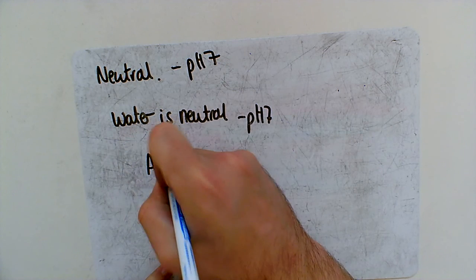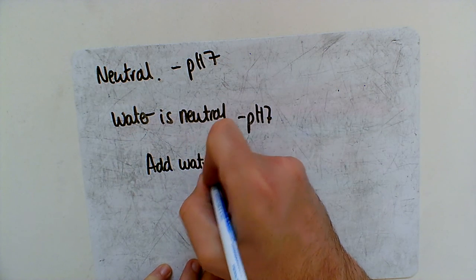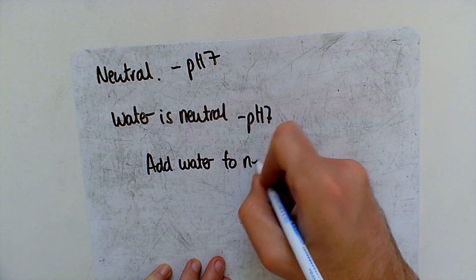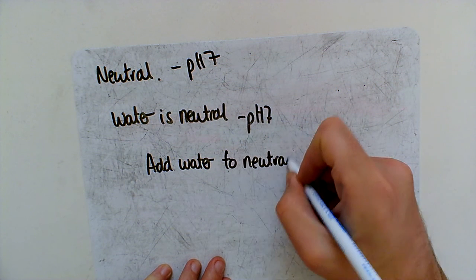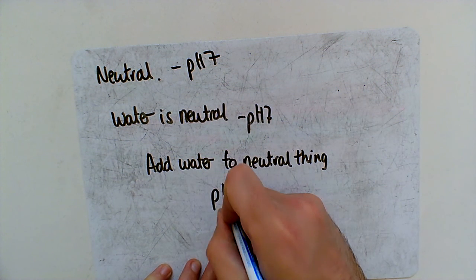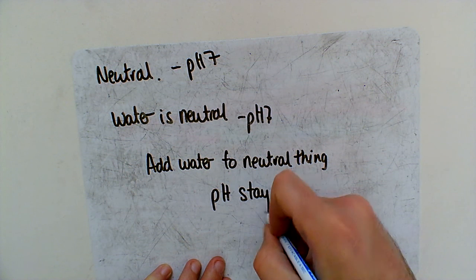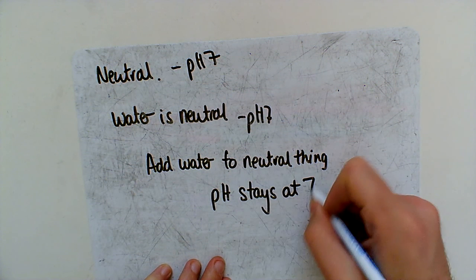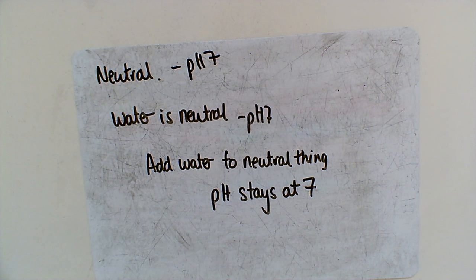So add water to a neutral thing, just pH stays at 7. Doesn't have any effect because both of them are neutral. So water has an effect on acids, it has an effect on alkalis, but it doesn't do anything to neutral.